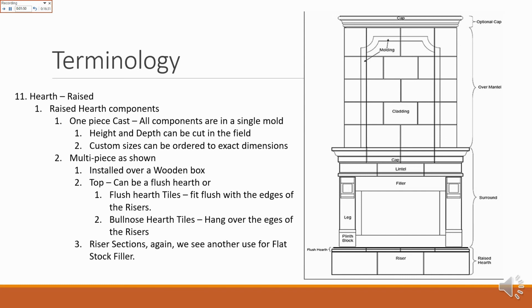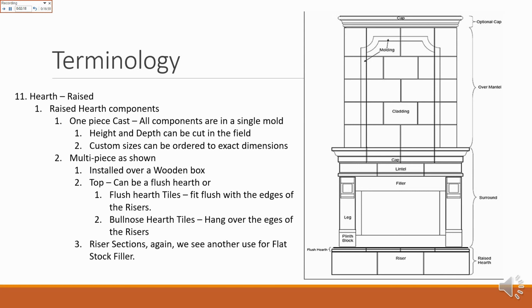So you can use flush hearth tiles. You can order a one-piece actual flush hearth, or you can order bullnose hearth tiles. The difference in the bullnose hearth tile and the flush hearth tile is in the name. The bullnose hearth tile hangs over the riser and it extends down 2 inches. It gives it that bullnose look.